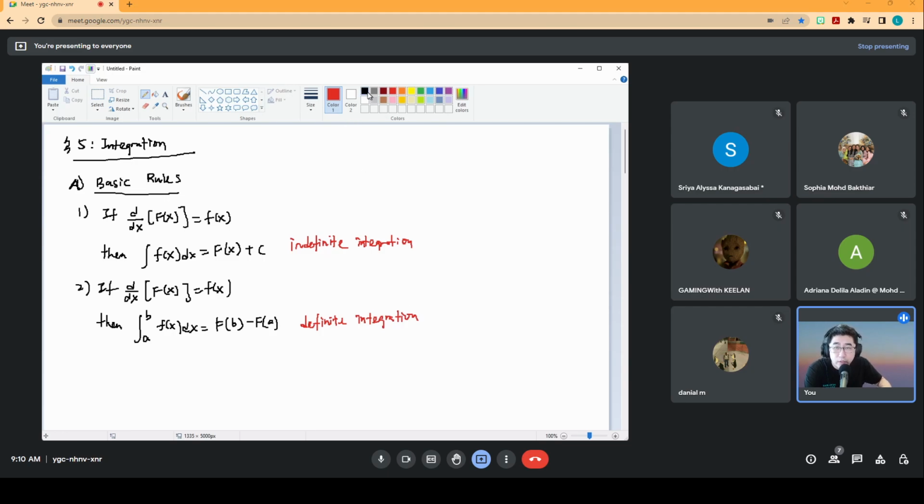Then number 3, just like your differentiation, if you have f(x) plus or minus g(x), we can separate them. Number 4, if you have a multiple in front of f(x), you can take out the multiple first.